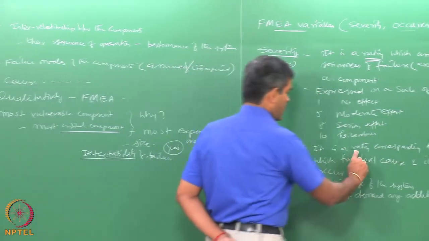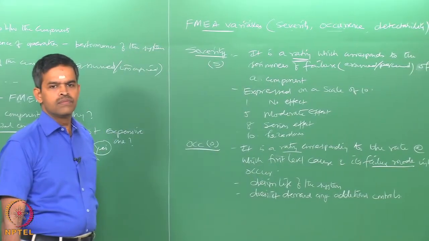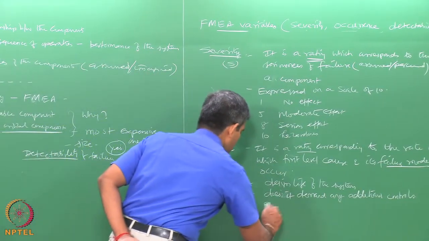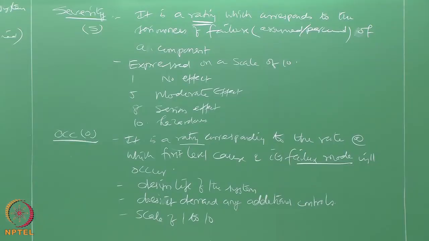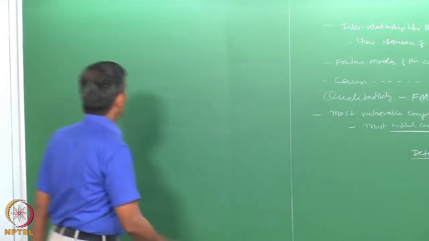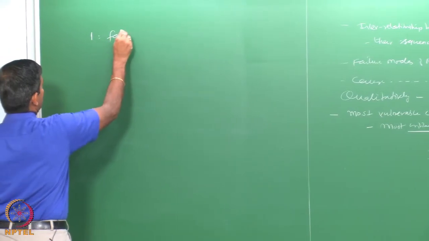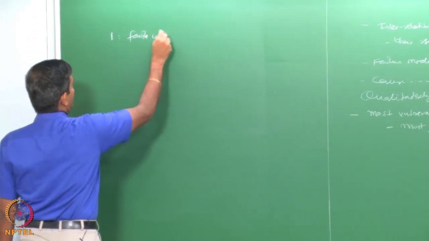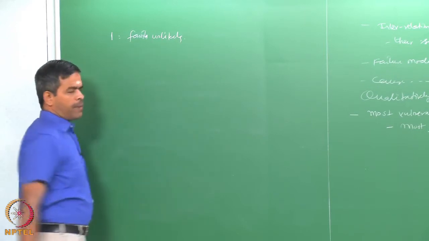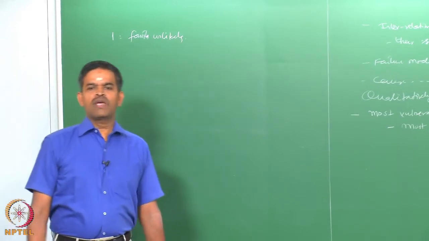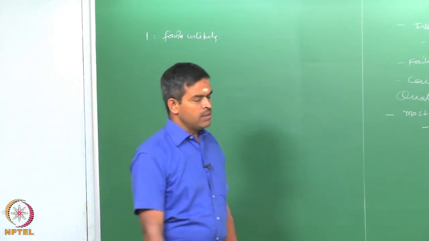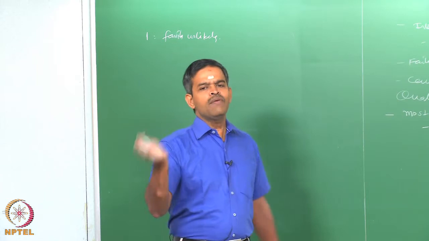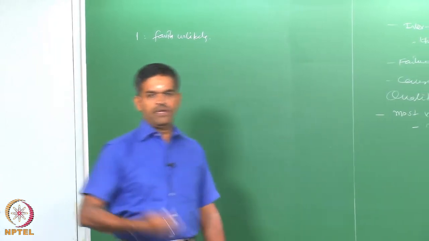As I said, rating, again a numeric value is required. So, again it is on the scale of 1 to 10. Let us say 1, fairly unlikely: the component is so robust, it will not fail at all. The failure of that component probably will not occur for the entire life of the system. It is so well designed.